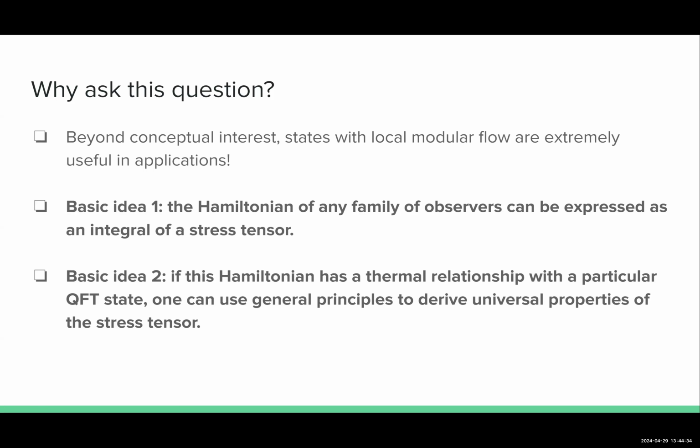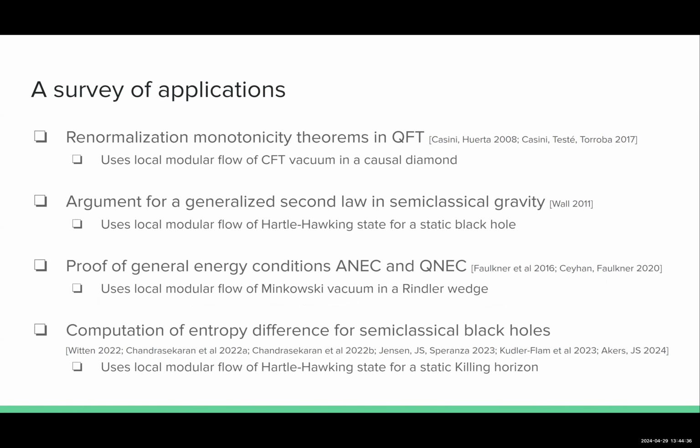So what can you actually do with this if you sit down and try to understand it? Well, here are some really great examples. I think this work really got underway in this work by Casini and collaborators, understanding renormalization monotonicity theorems in quantum field theory. So that's the C theorem in 2 dimensions and the A theorem in 4 dimensions. These are theorems that track what happens to the anomaly coefficients of a stress tensor under a renormalization trajectory.